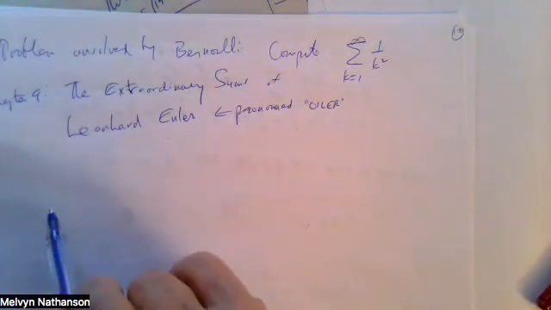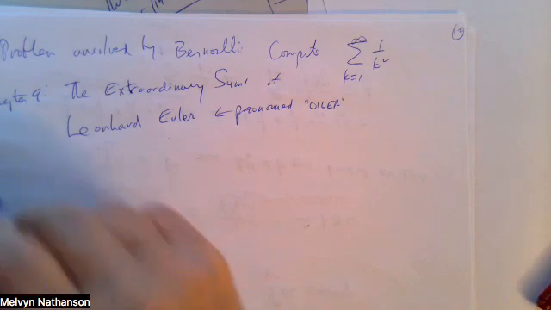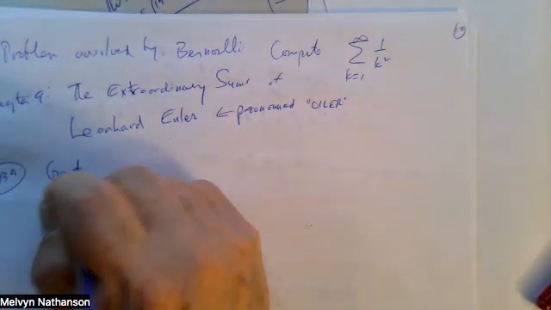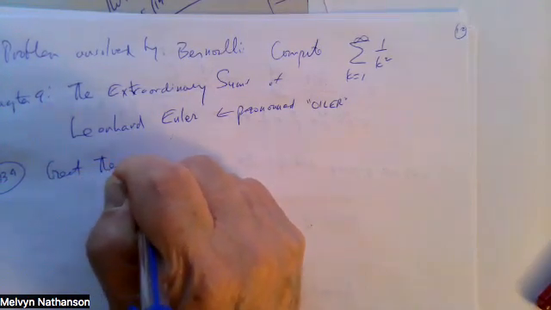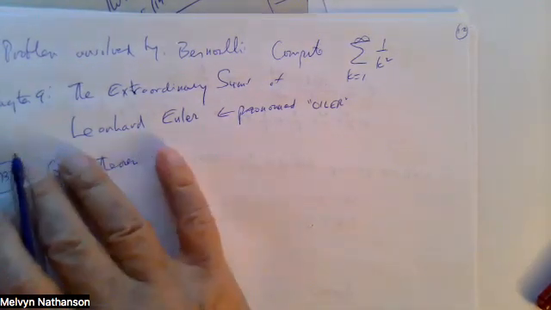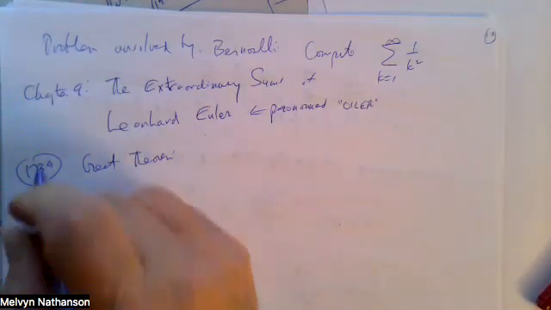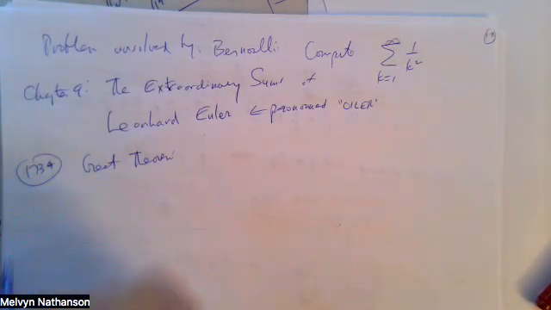So Euler, in 1734, proved the following great theorem. And this is truly a miraculous theorem. And I don't know of any easy proof of this theorem. So there's going to be more work involved in this chapter than there had been in any of the previous chapters, I think.